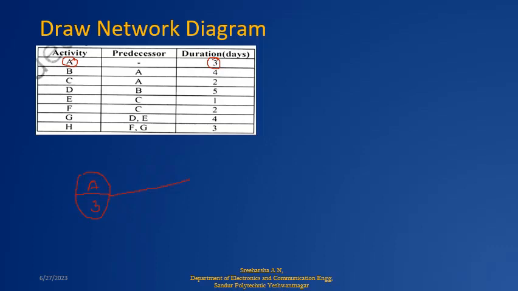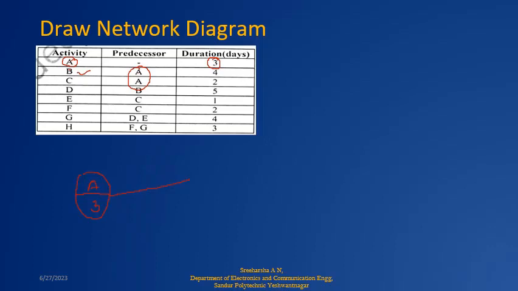Now what is the next activity? After A, what is the next activity? Here the predecessor column gives the previous activity. If A is the previous activity, what is the activity next to that?